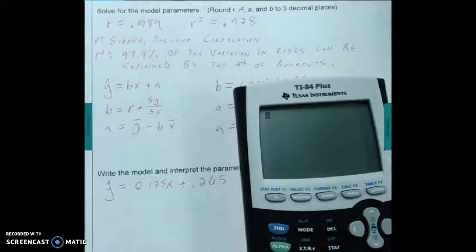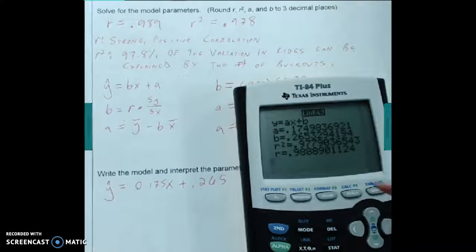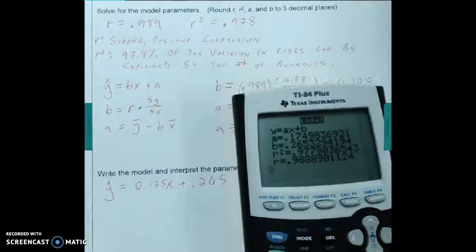So you remember when we calculated the correlation and the r squared, the coefficient of determination, we did StatCalc4. Well, there were 2 things on there that we didn't talk about, an a and a b. And they're actually the opposite of our a and our b.